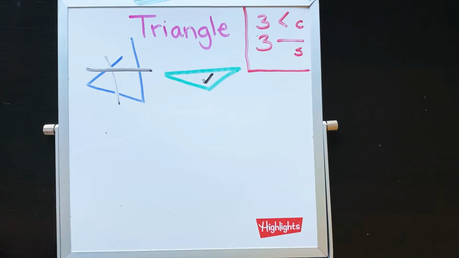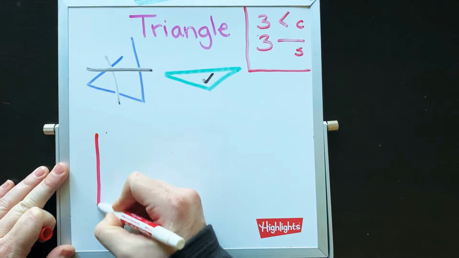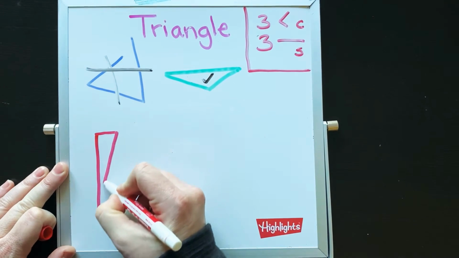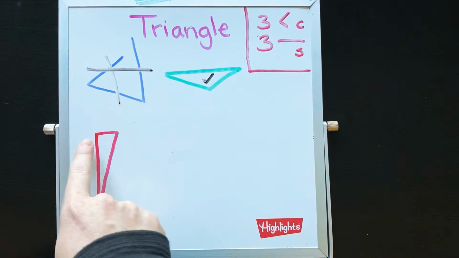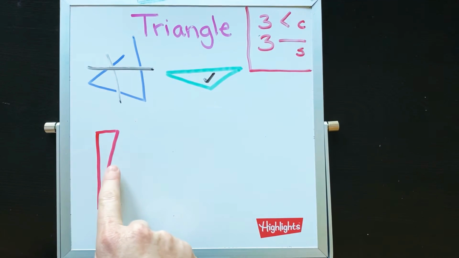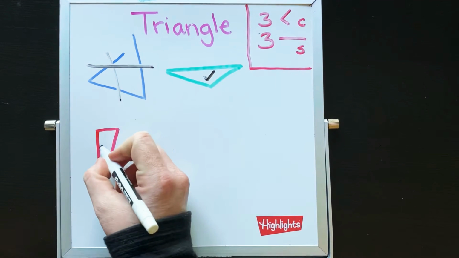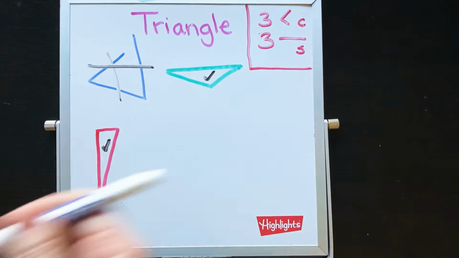All right, let's do another one. What do you think? Is that a triangle? 1, 2, 3 corners. 1, 2, 3 sides. Yeah, that one is a triangle. All right, let's do another one.